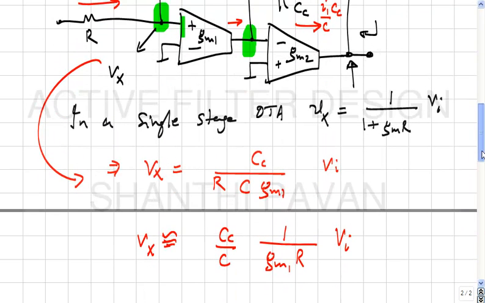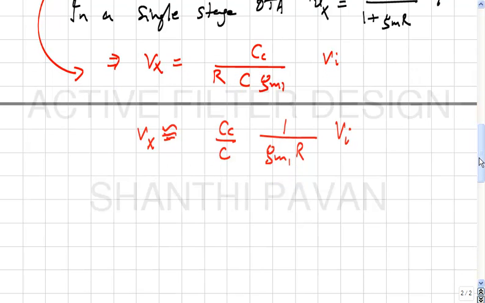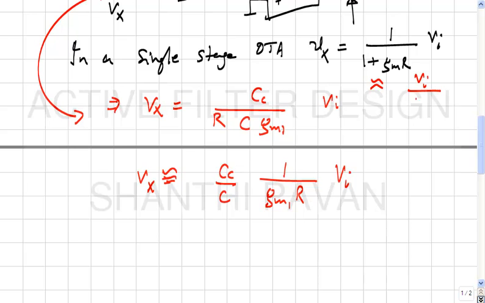First of all, are we doing better or are we doing worse? Or it depends? It depends on Cc by C. Now, what do you think? For a single stage amp, this is approximately Vi by GMR. Now, Vx is nothing but Vi by GMR times Cc by C. So, if you want the 2-stage Miller compensated op amp to do much better than the single stage op amp or OTA, what should you do?